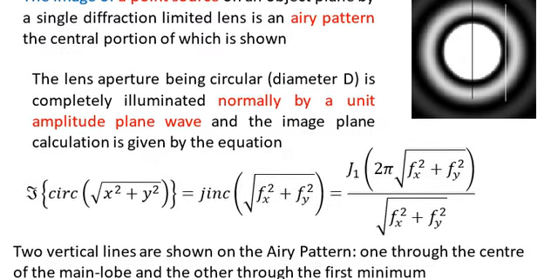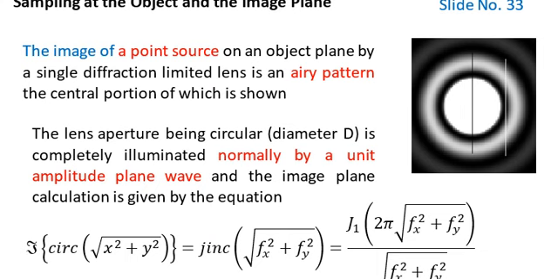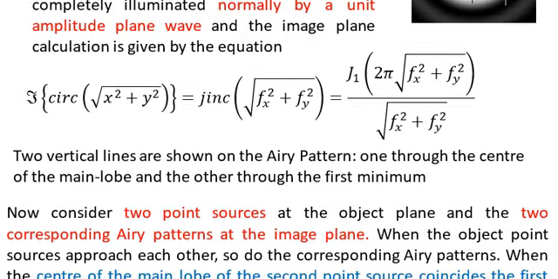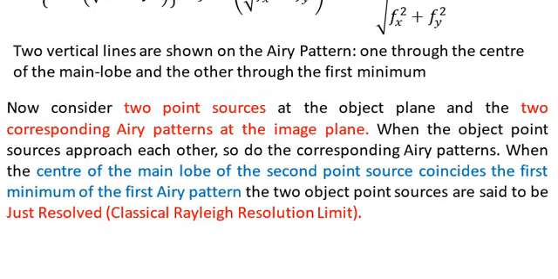Now you can see that there are two vertical lines on this Airy pattern. One is passing through the disc center, the other is passing through the center of the first ring. The two vertical lines are shown on the Airy pattern, one through the center of the main lobe and the other through the first minimum. Now consider two point sources at the object plane and the two corresponding Airy patterns at the image plane.